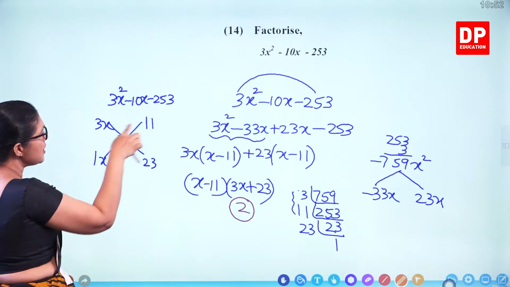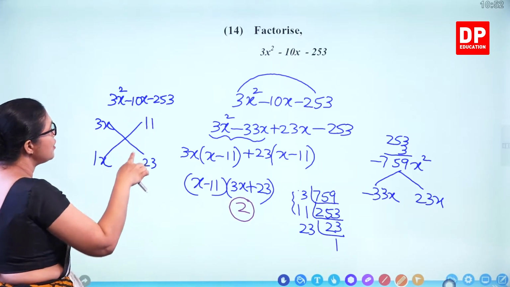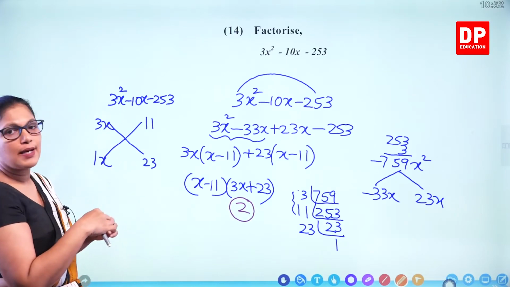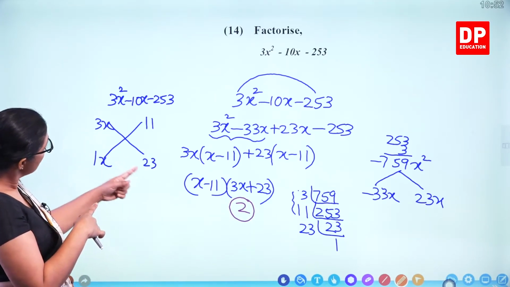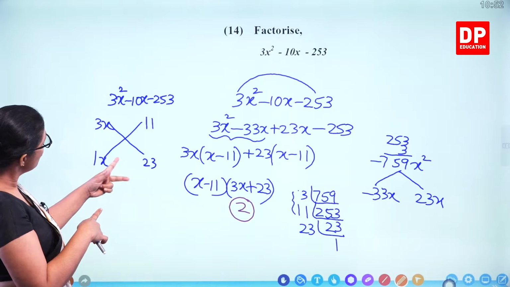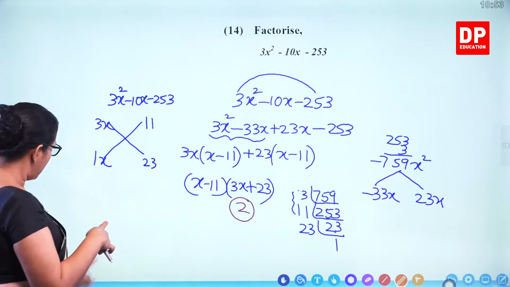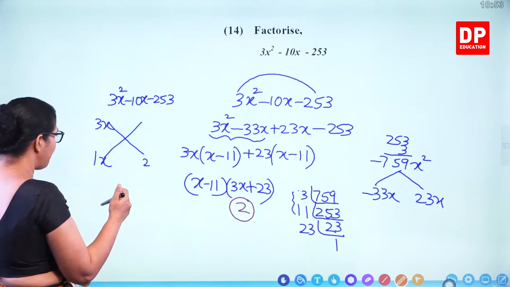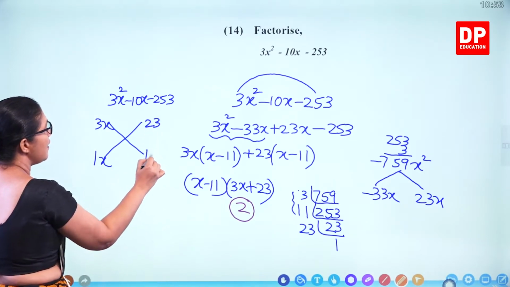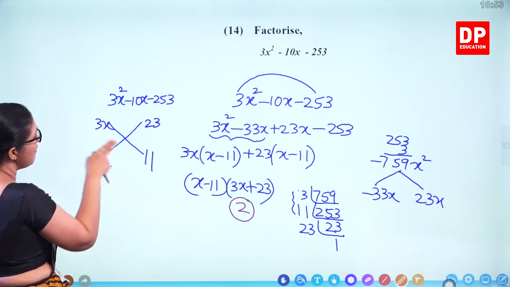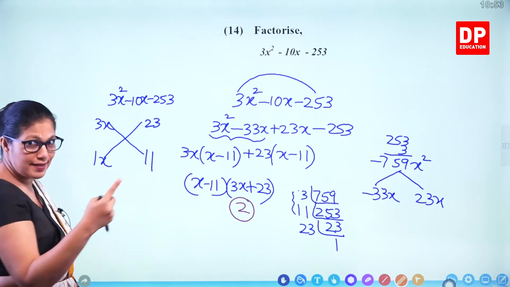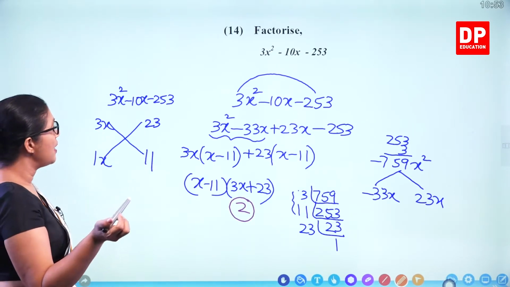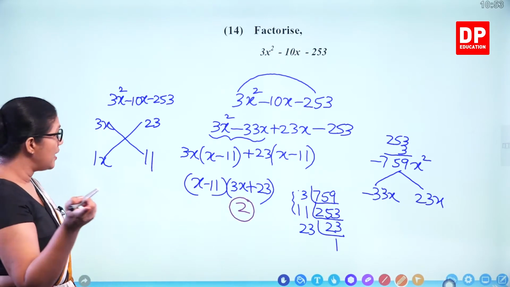When you cross multiply and add, you need to get the middle term minus 10. But when you do that, this is too big. So you have to interchange these two. So 23 will be written here and 11 here. Now we can see 11 times 3, 33 and 23. The difference is 10, but the bigger number should be negative.